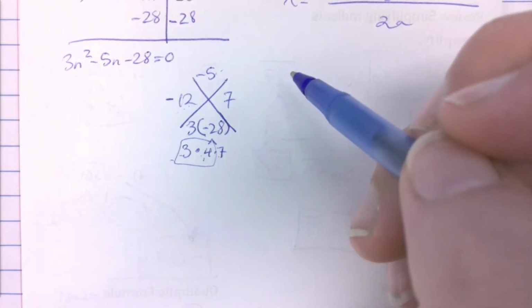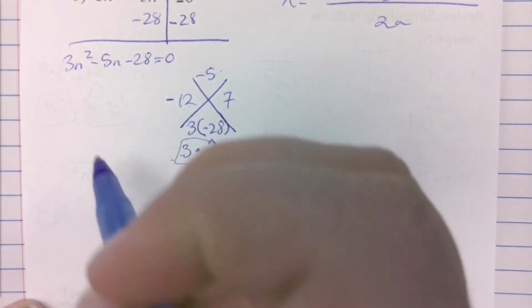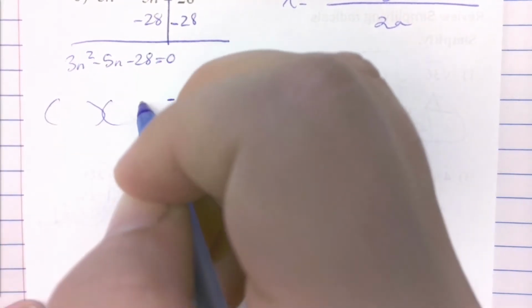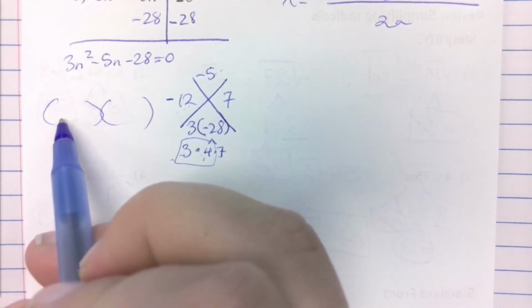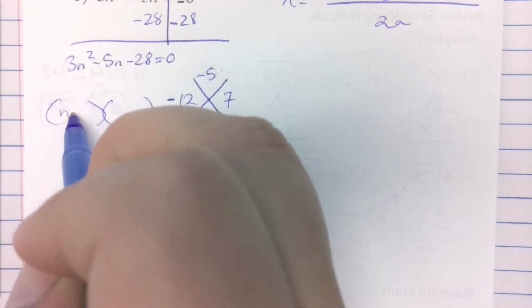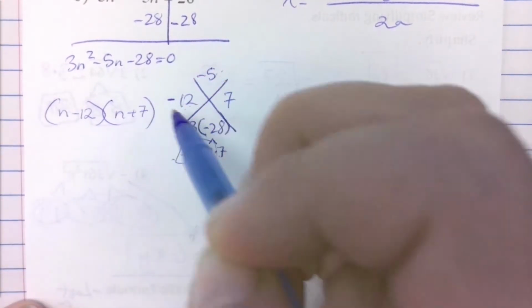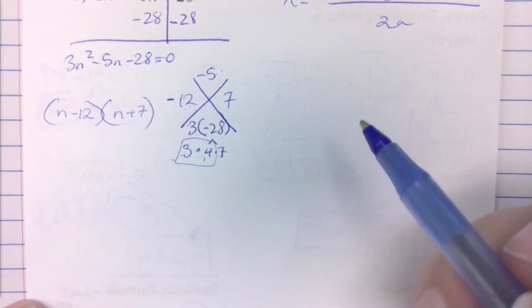Okay, so now what do we do? What goes here? N minus 12. N plus 7. Right? Remember how we multiplied by that 3?